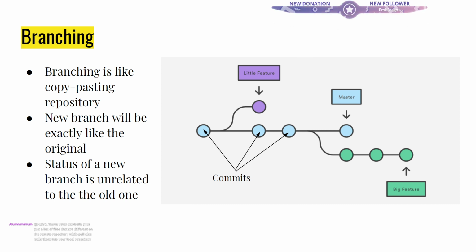So branches enable us to simultaneously work on different features of the same code base without needing to conflict and coordinate too much, because if you work separately, you can do it by yourself.